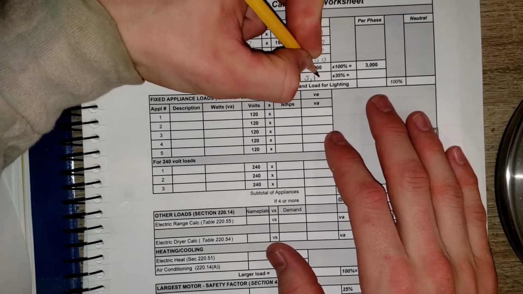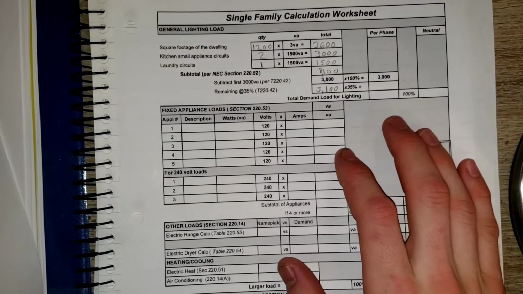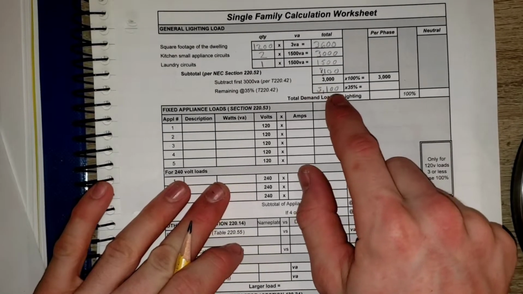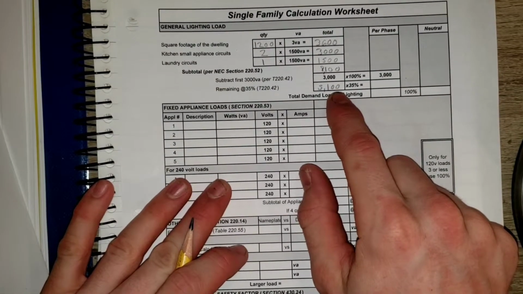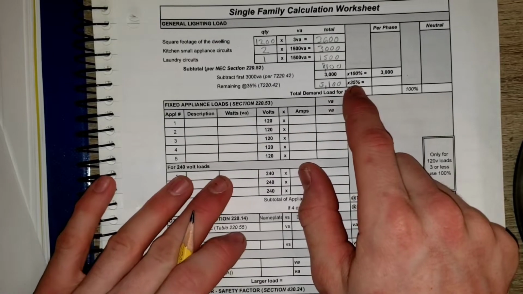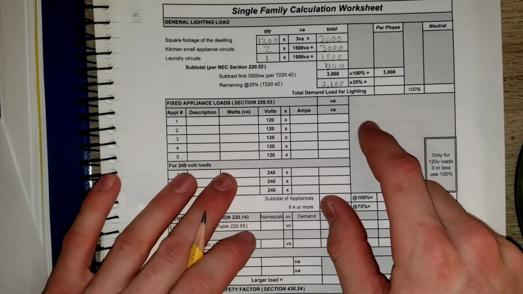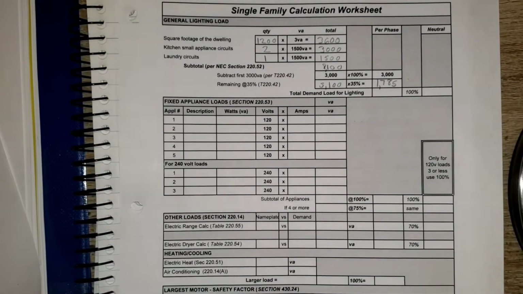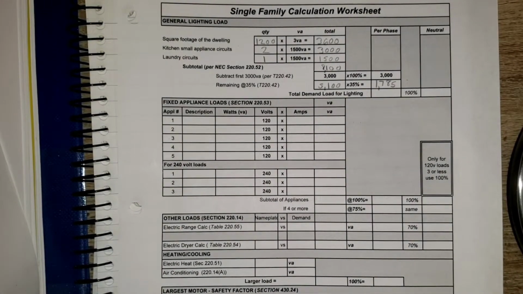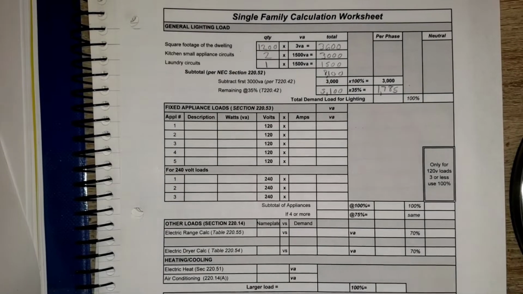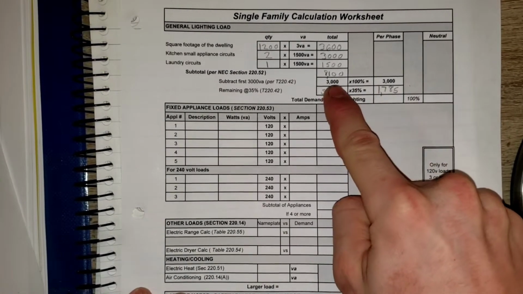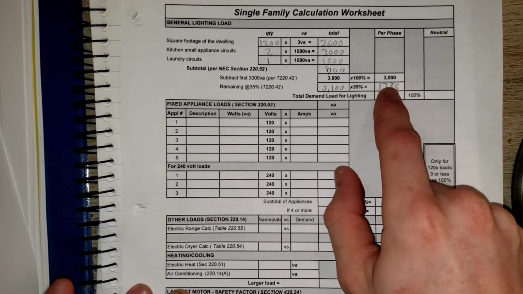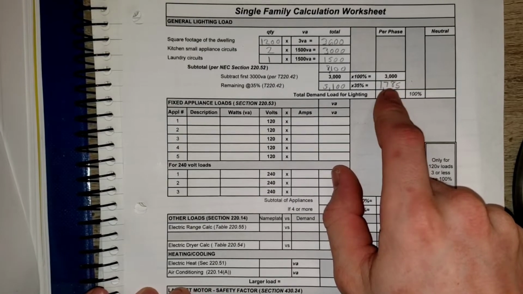Then we multiply 5,100 by 35%, which is 0.35. So 5,100 times 0.35, we get 1,785. And now that 3,000 that we took away, we add it back to this number after we do this 35%.